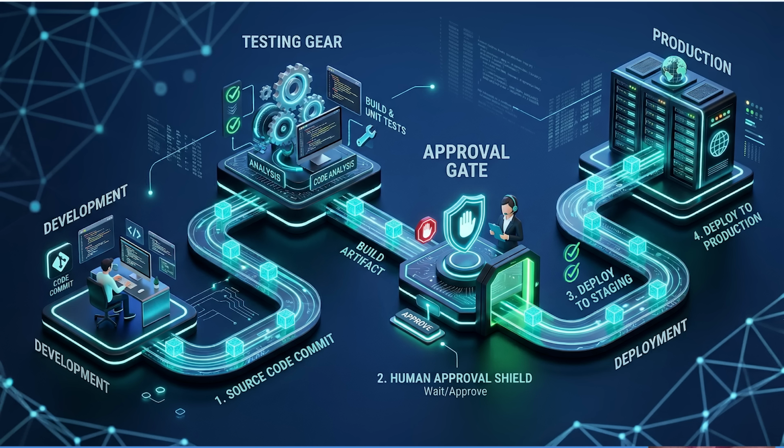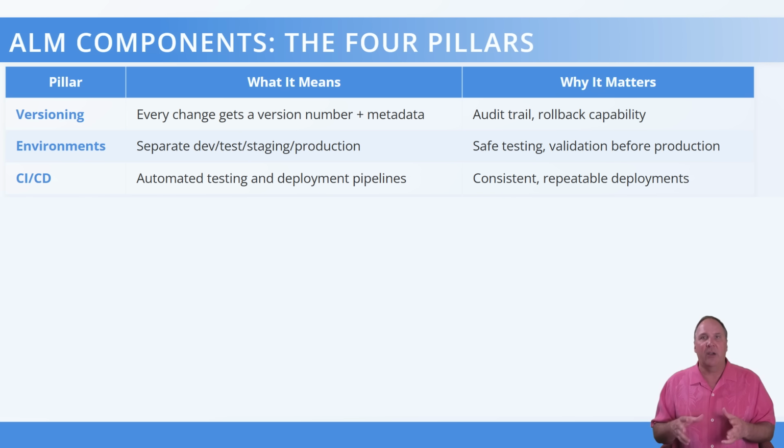For agents in Copilot Studio, you set up a pipeline that monitors your solution export location, like a GitHub repository. When a new version is pushed, it automatically imports it to the dev environment. Runs automated tests. If the tests pass, promotes to the test environment. After manual review, promotes to staging. And after final approval, promotes to production. The entire flow ensures that every change is validated and tracked.